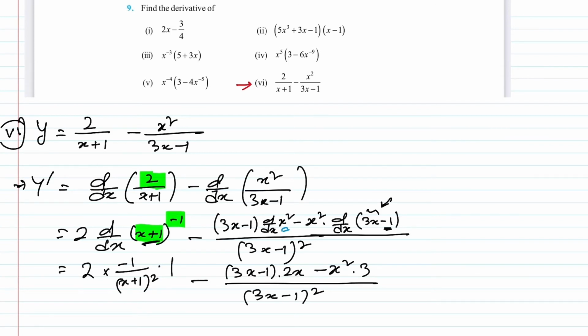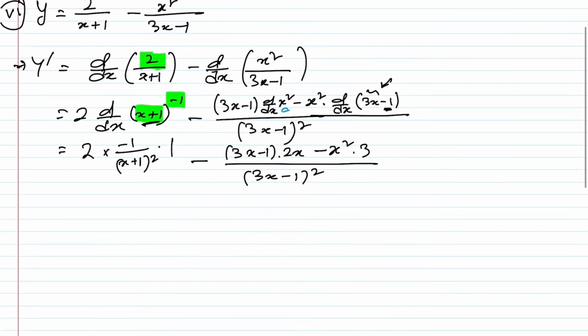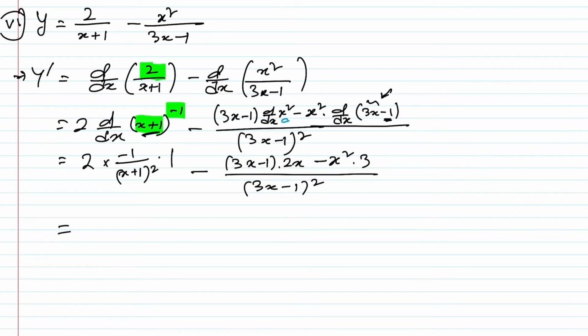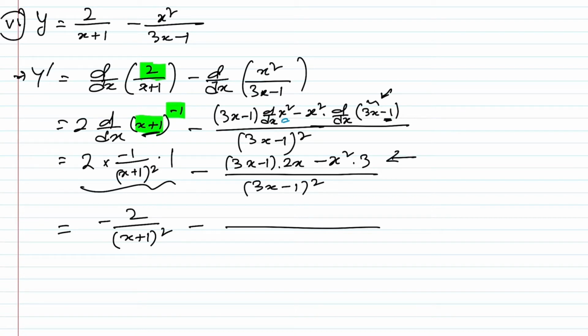Now let me scroll up the page. From this we will get minus 2 by (x plus 1) whole square, minus, and if you simplify the numerator, you will get 6x square minus 2x, then 3x square, by (3x minus 1) whole square.